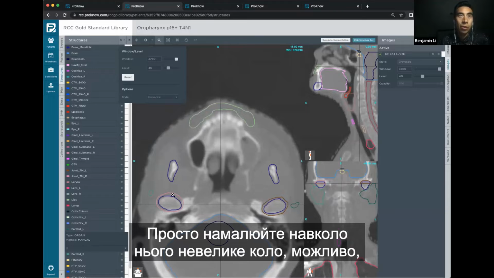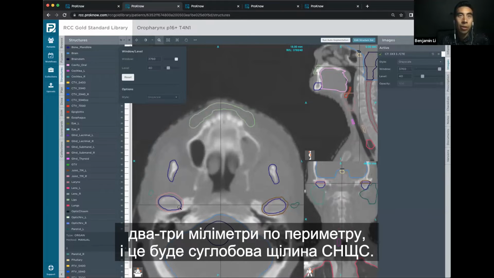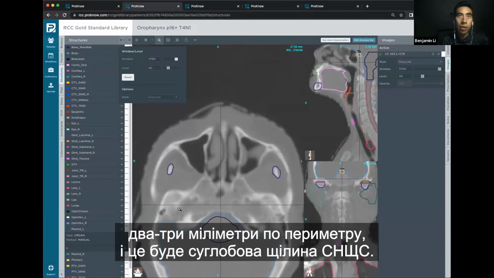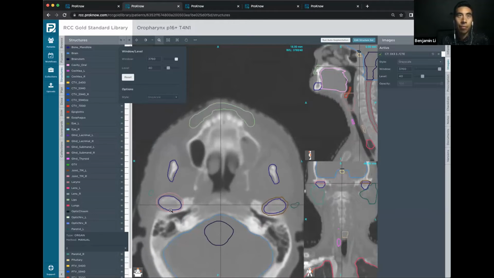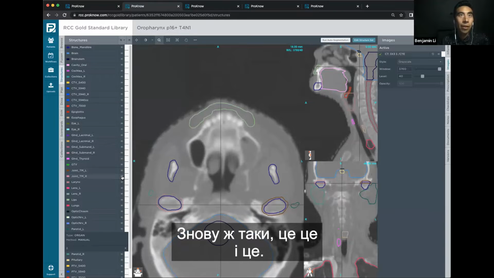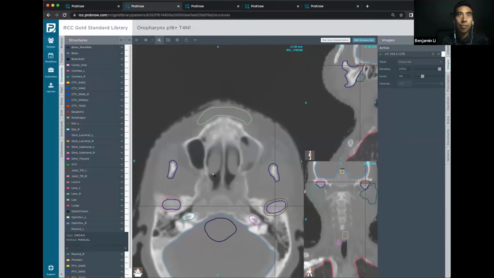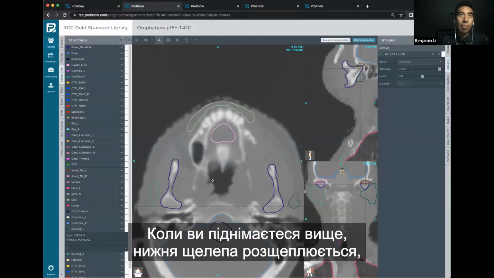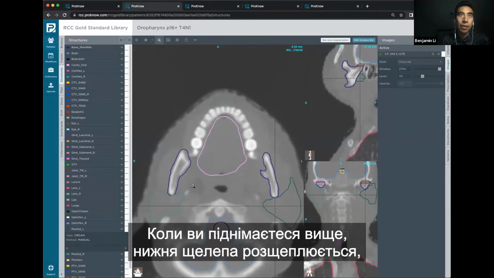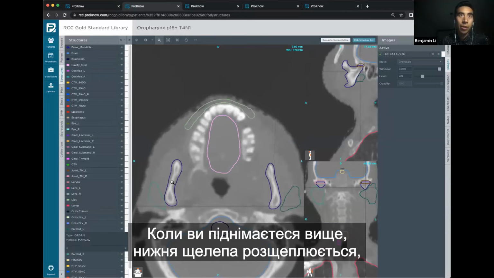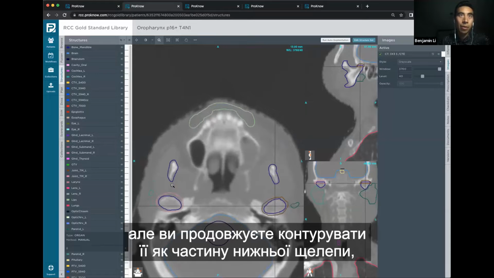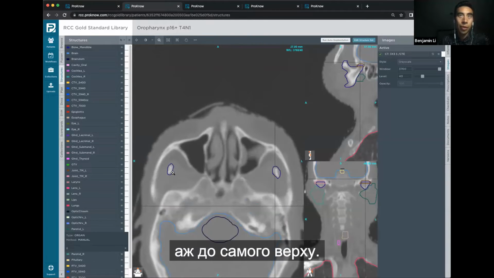Just draw a little circle around it, maybe 2 or 3 millimeter perimeter, and that's the TMJ joint space. Again, that's this guy and this guy. The mandible does split when you're going higher up, but you continue contouring this as part of the mandible all the way to the top.